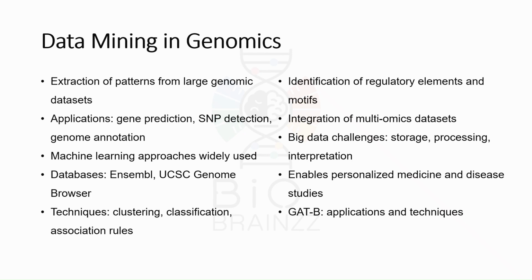Databases like EMBL and the UCSC Genome Browser are used for genomic analysis. Techniques like clustering and classification help in identifying patterns. This topic is important for understanding modern biology and is relevant for the GAT-B exam from an application point of view.